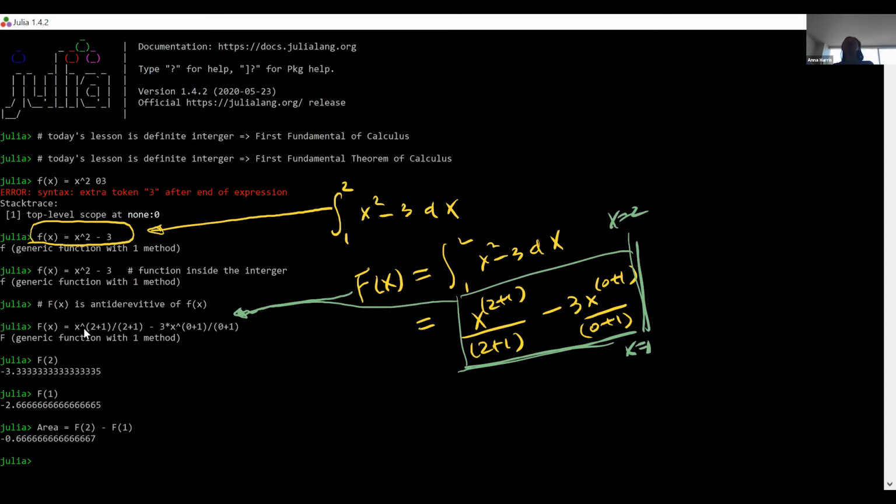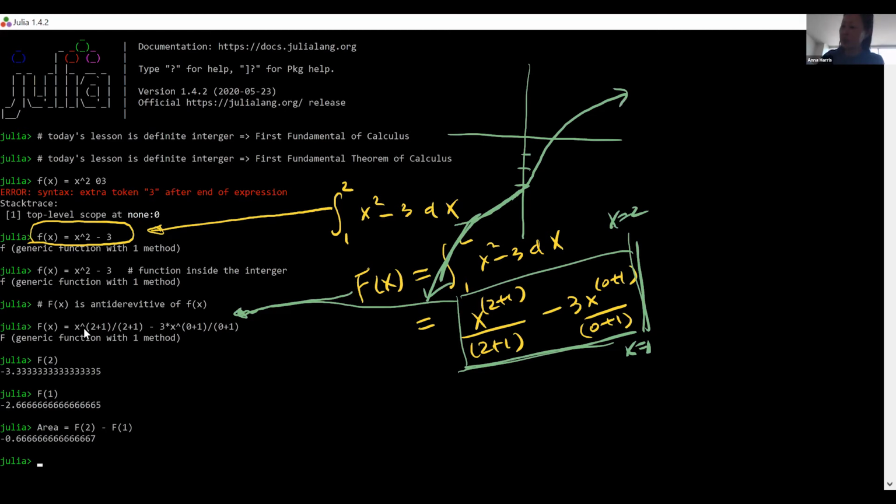If the area is a negative number, that means your graph is under the x-axis. This is what your graph looks like.